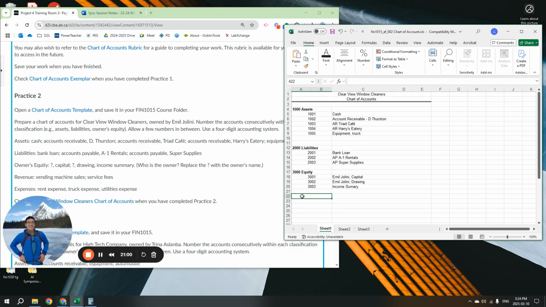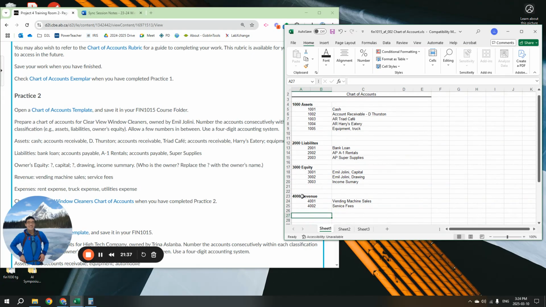So now in the 4,000s, 4,000 is revenue. 4,001 is vending machine sales, and 4,002 would be service fees. Okay, and then 5,000 is expenses.